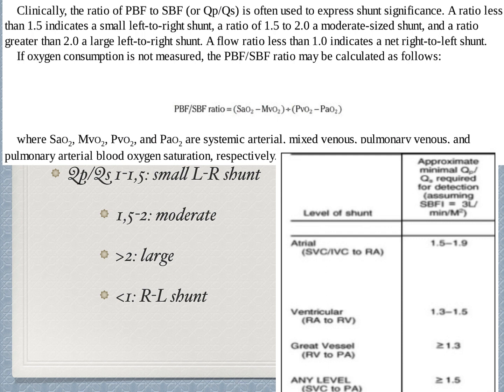And if it's more than 2, it's a large left to right shunt. What happens if it's less than 1? You have a right to left shunt. Why? Because systemic flow is larger, which means that flow from the right is bypassing the lungs going on to the left. And that's it for this recording.